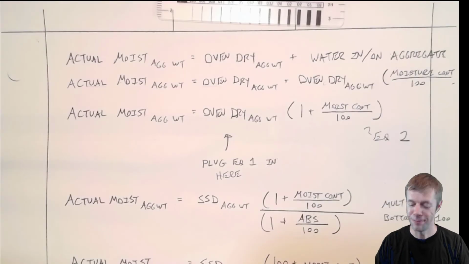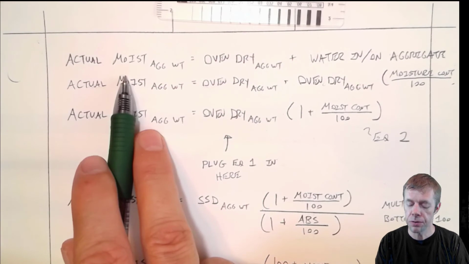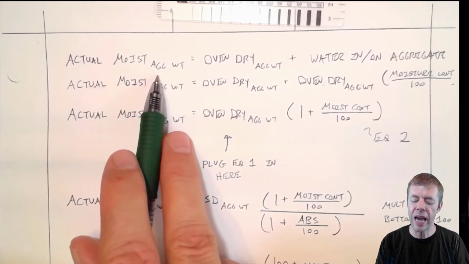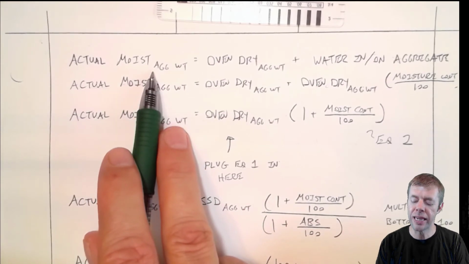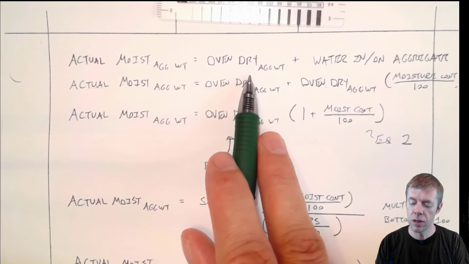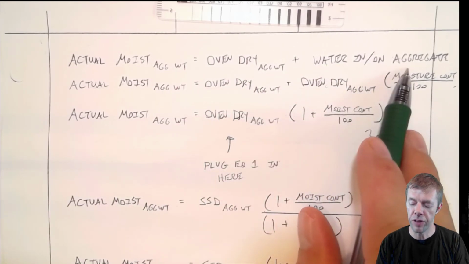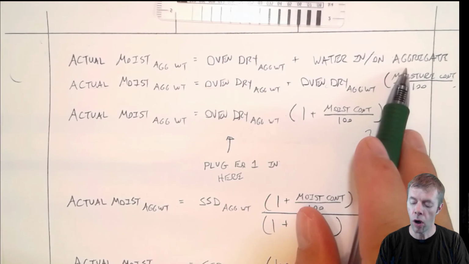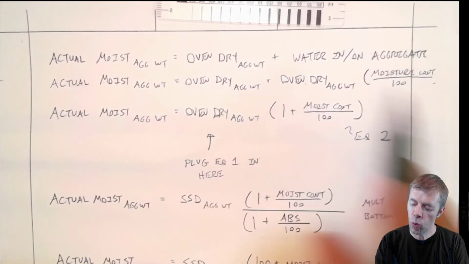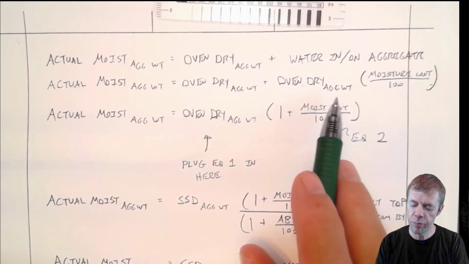Okay, let's keep going. Now we're going to take another equation, hopefully it makes sense. The actual moisture content. This is what we call like the sample weight. This is the actual moisture content of the aggregates. Again, it would be equal to this oven dry aggregate weight plus the water in or on top of the aggregate. This is kind of the extra water. So again, we can go back to the definition of moisture content that we derived before.